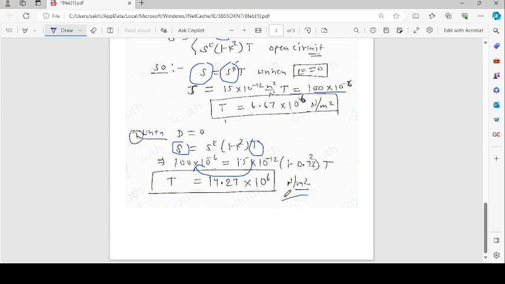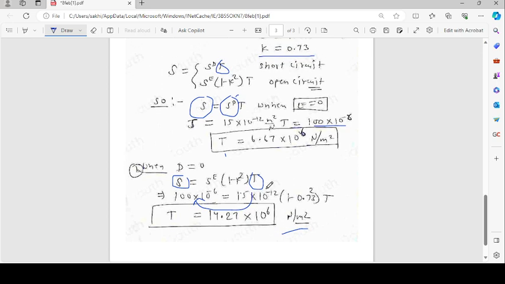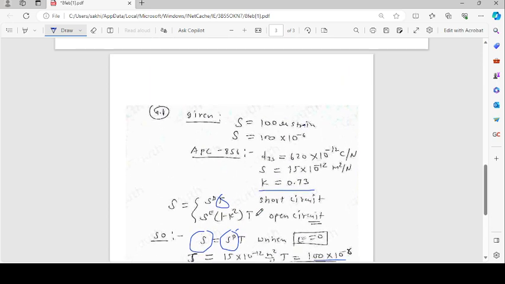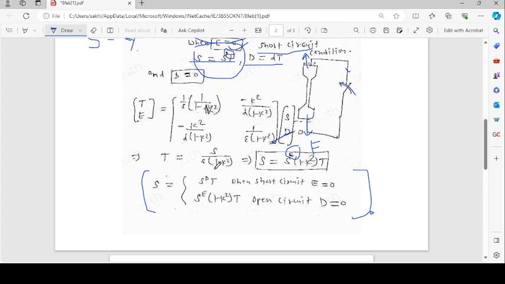So this is the problem, and this is how we can establish the relationship between stress and strain under these two boundary conditions. This is the very, very important relationship between the stress T, strain S and compliance.